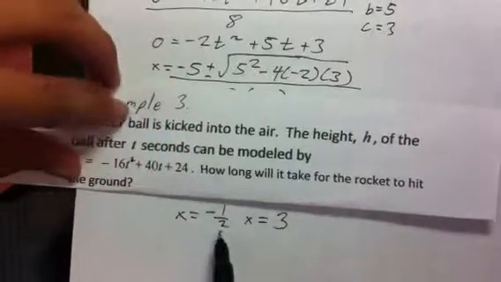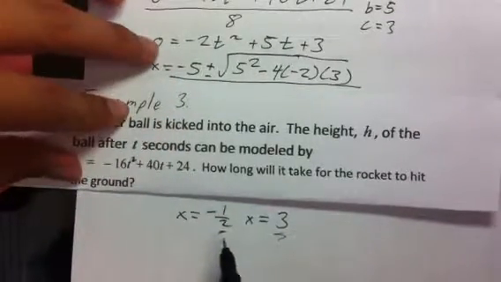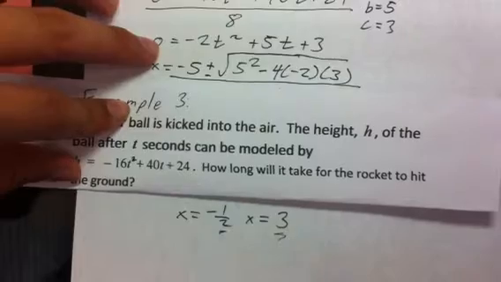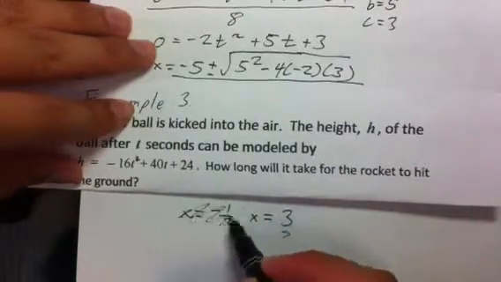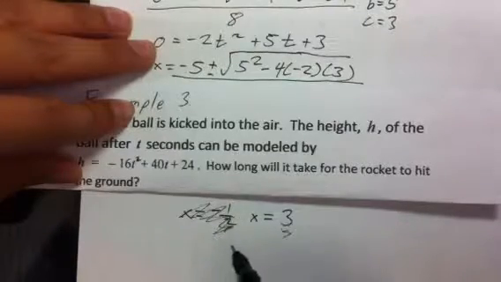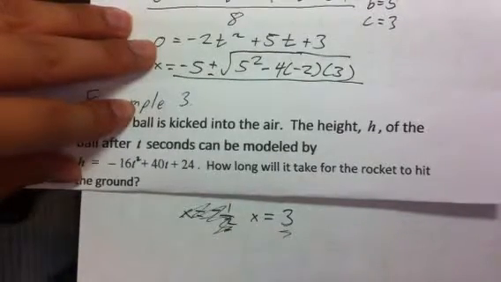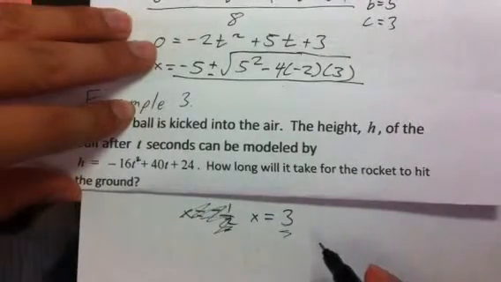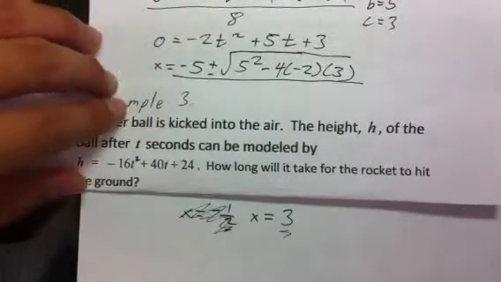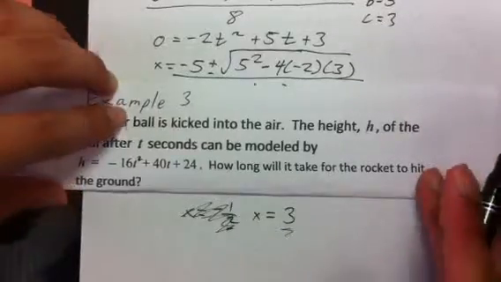So we have negative 1/2 and 3. It's not possible to have negative time, so that's why this solution cannot work. If you put negative 1/2 as the final answer on a test, you get points off. But 3 works because it's a positive number and it can work for time.